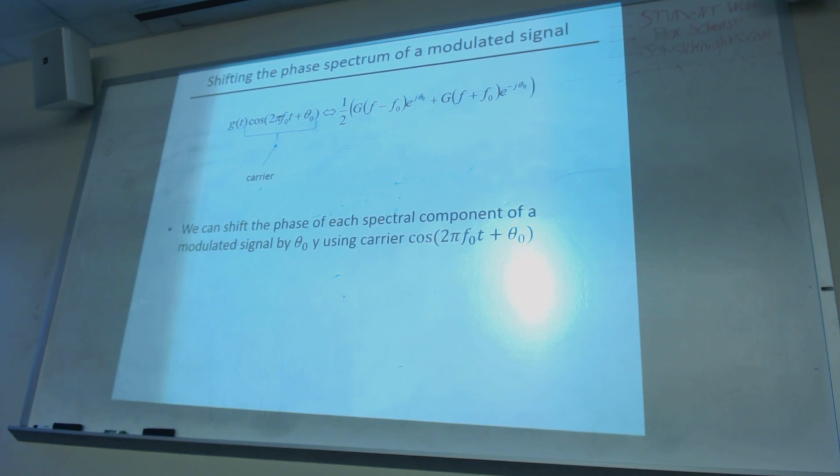And if your cosine has a phase, like theta naught, you shift it and also multiply by e to the j theta naught, and the other one by e to the minus j theta naught.